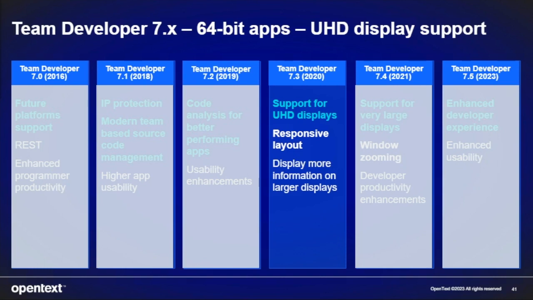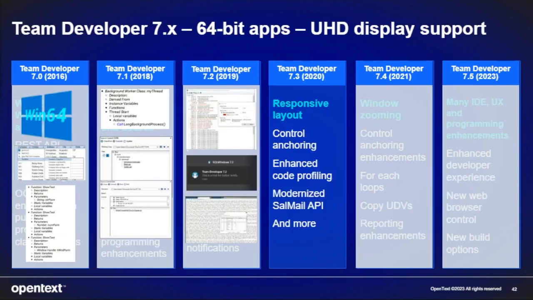So the first thing that we did in 7.3 was support for a responsive layout. And basically, you could display more information on larger displays. And that feature is called control anchoring, and we implemented that in 7.3. Also enhanced code profiling, with more drill-down capabilities and possibilities to programmatically insert lines into the report that is being generated, so you know more precisely what's going on in that report.